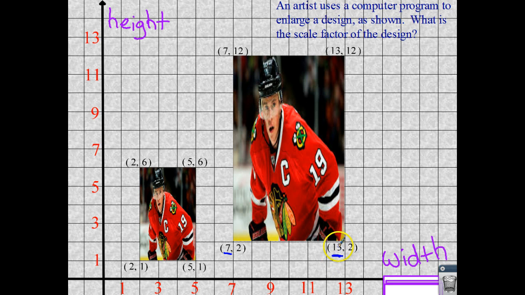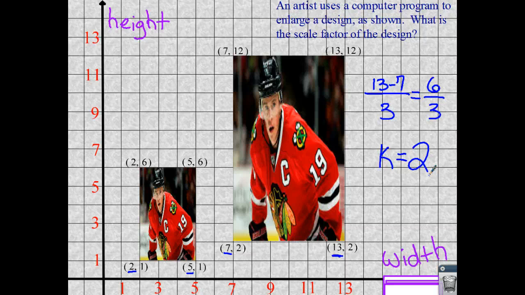So the difference between the points are 13 minus 7 over the difference of the width of the smaller picture, our original picture, which the width is, again, we're looking at the x-axis. So the difference between those two, or the length of them, is the difference. So 5 subtracted by the 2 would give me 3. And I know that I have 6 over 3, which is equal to, so we'll call it K. The scale factor is equal to 2 on the width.